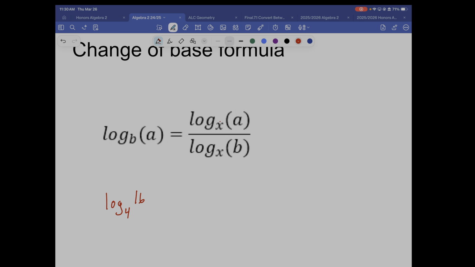Now you'll notice that this new base is going to be the same in both. So I could make this log base anything that I want to make it. Don't write what I'm about to write down, but I could make this log base 4 of 16 over log base 4 of 4.